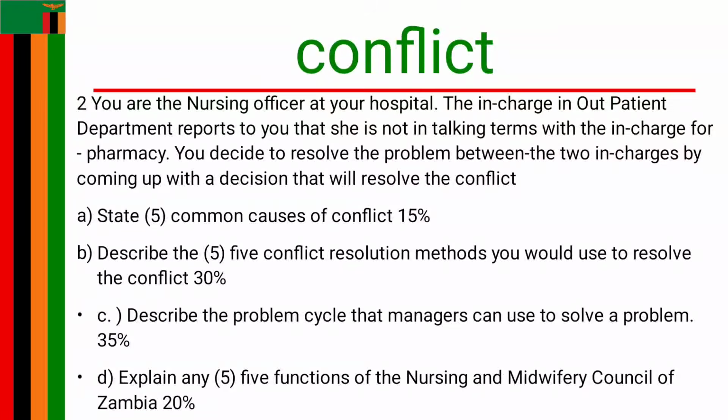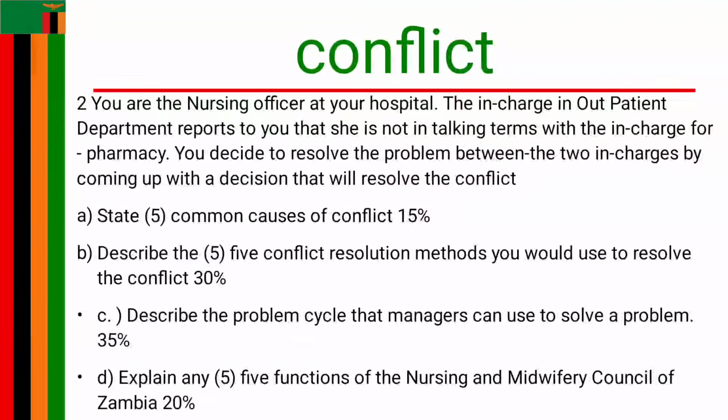In terms of collaboration, this is where you encourage the two parties to work together to identify the common goals and find a solution that benefits both departments. For instance, collaborating on a joint inventory management system for medication between the two departments, and this can help.